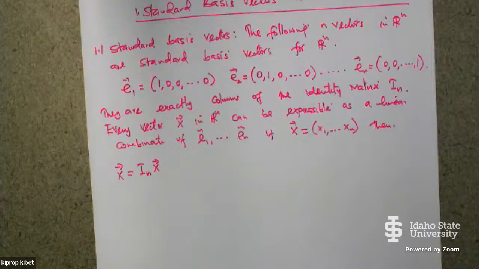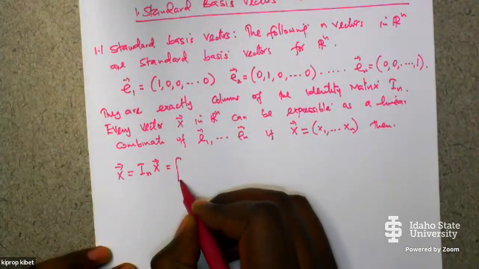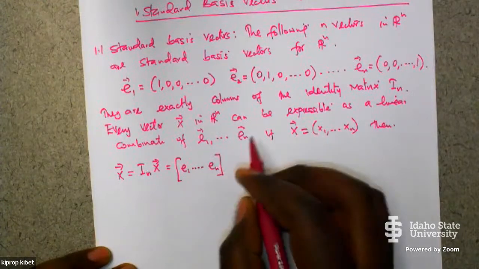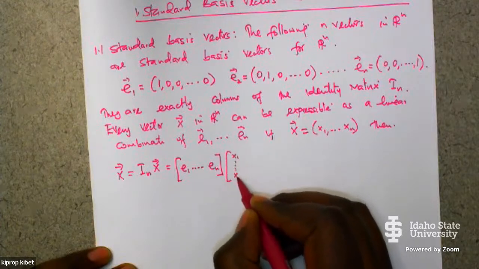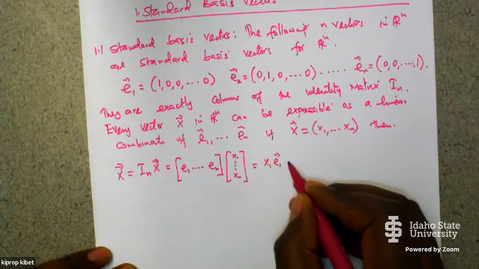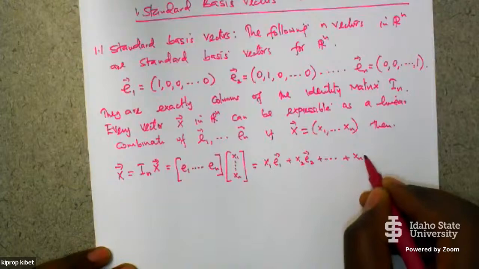So if you multiply the vector X by the identity matrix, it gives us a linear combination, which we can write as [E1 ... En] multiplied by (X1, ..., Xn), which is the same as X1E1 plus X2E2 plus up to XnEn.